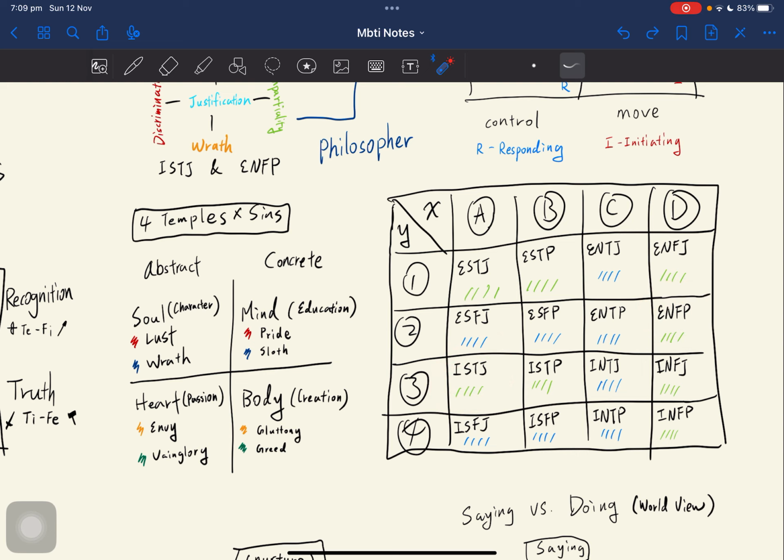So if they are a finisher, then they can only be ISTJ, or if they are a starter type and they tend to not finish what they started, there's a higher chance they are ENFP, something like that.